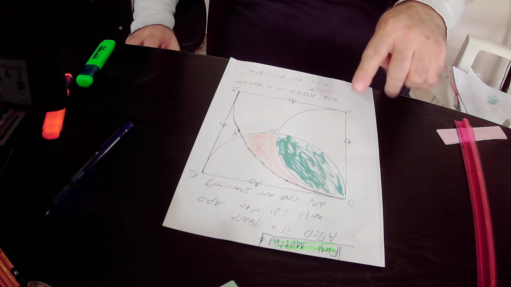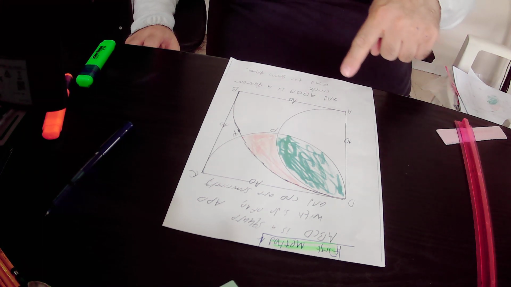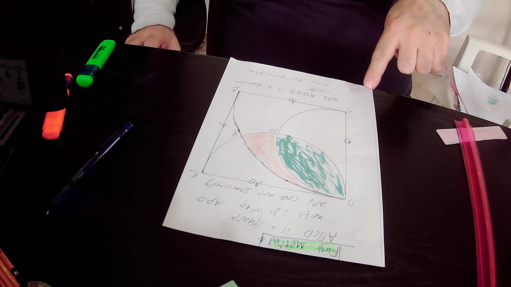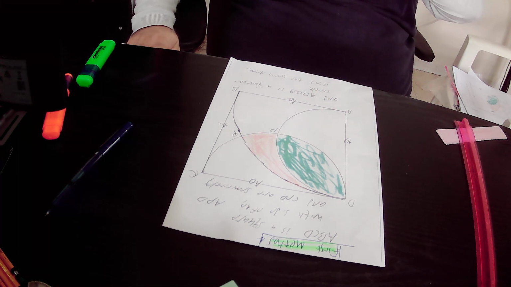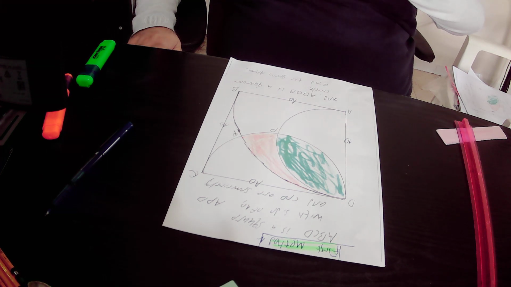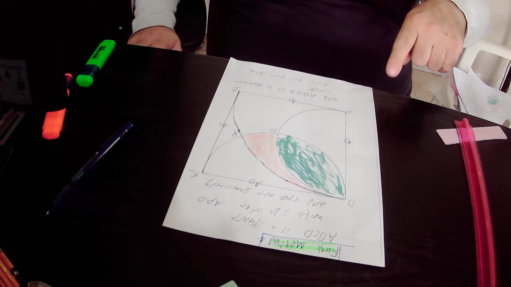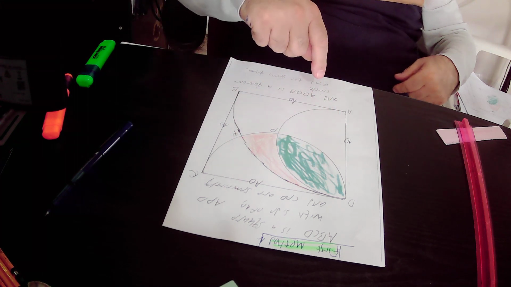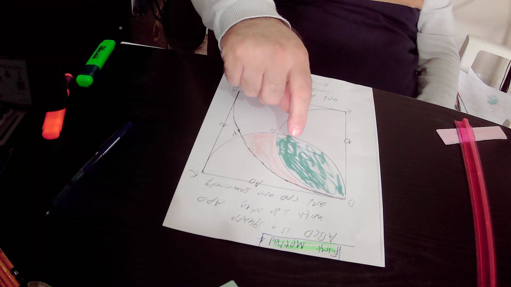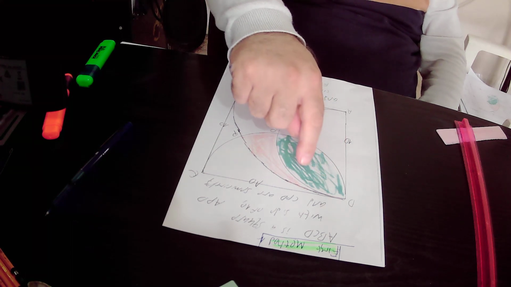Each side of square ABCD equals 10 units. Inside square ABCD we have two semicircles that intersect with each other, and this way they create this blue lens.